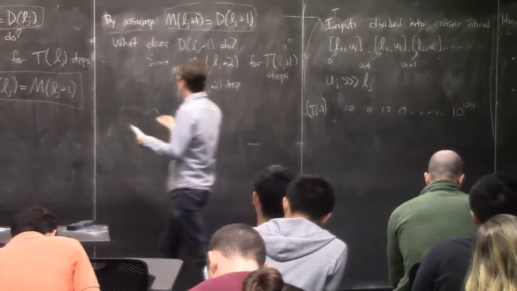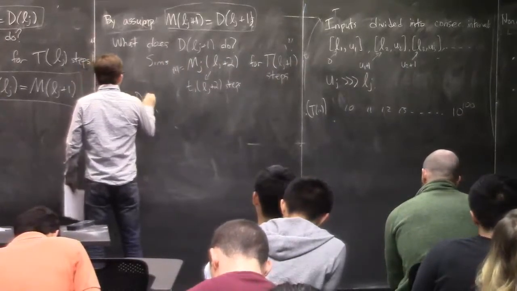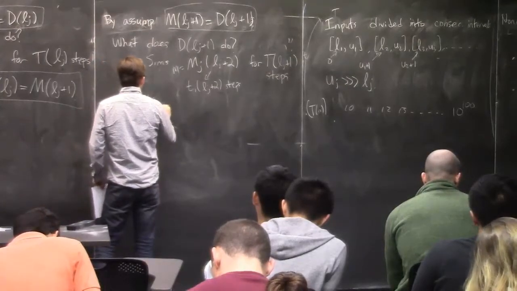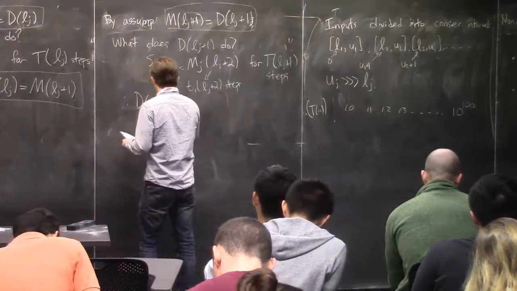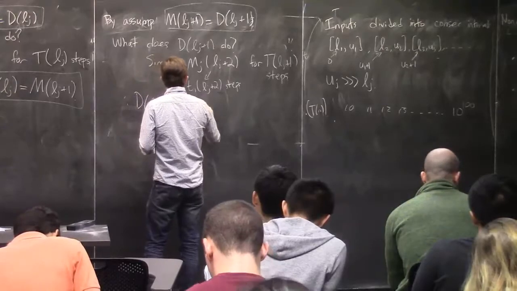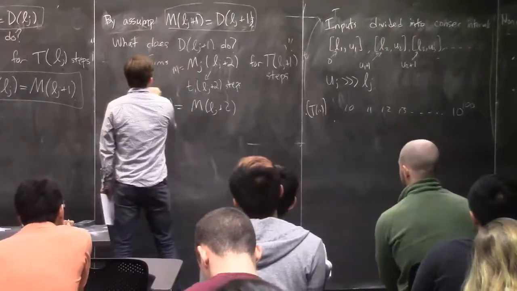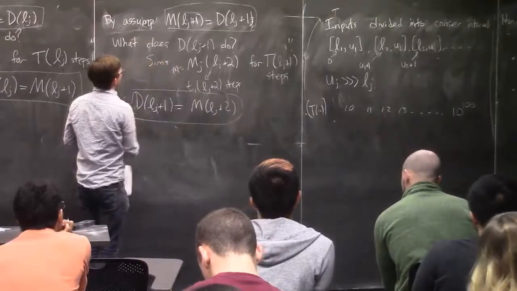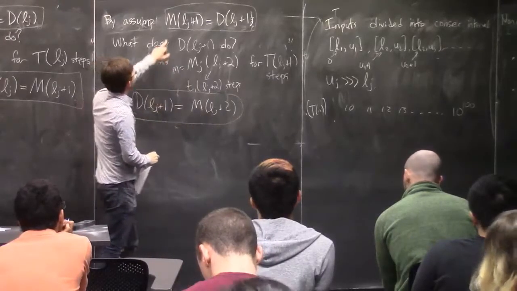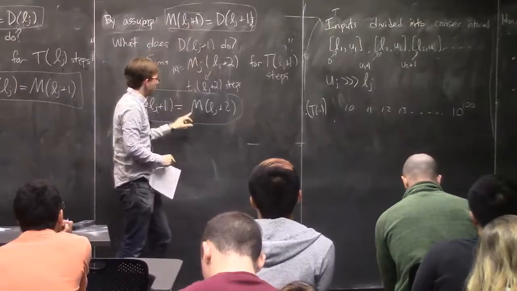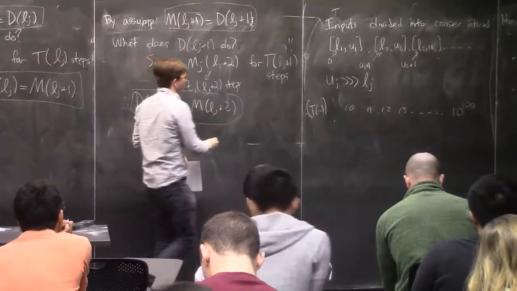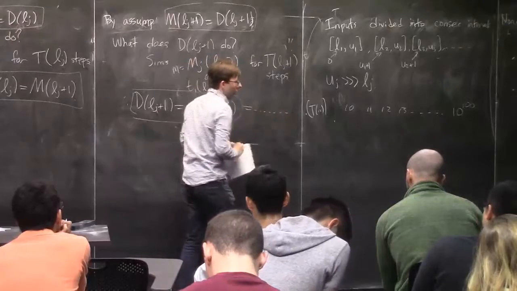And so therefore we get D of L_j plus 1 equals M of L_j plus 2. You see we've extended this chain further. So now M of L_j plus 1 also equals M of L_j plus 2. And this chain goes on and on and on.